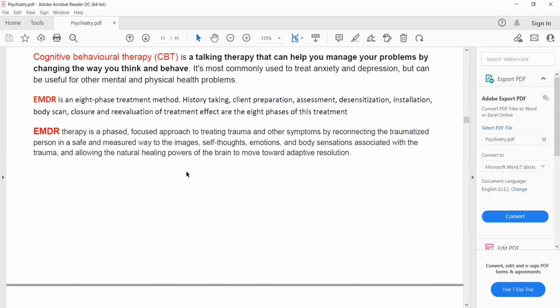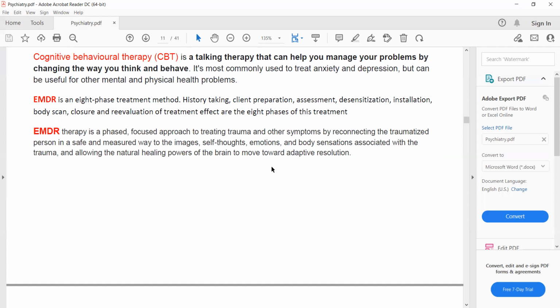It is a focused approach to treating trauma and other symptoms by reconnecting the traumatized person, in a safe and measured way, to the images, self-thoughts, emotions and body associations with the trauma, and allowing the natural healing powers of the brain to move towards adaptive resolution.